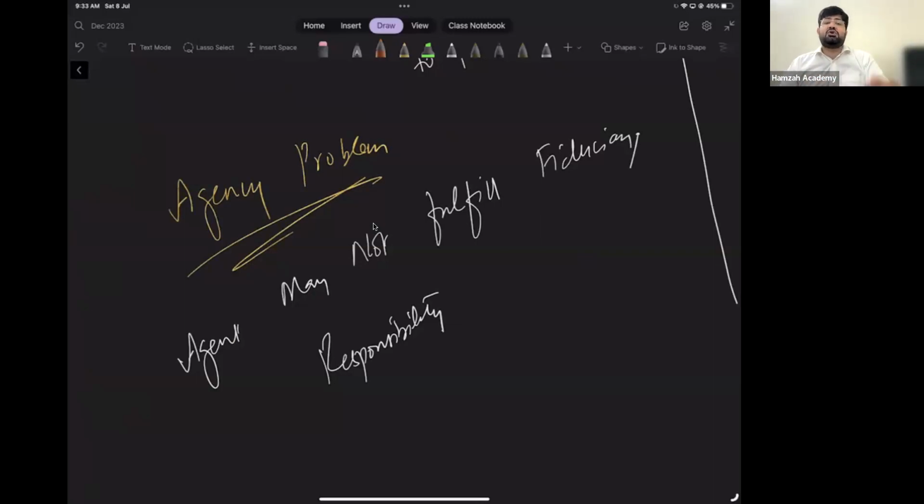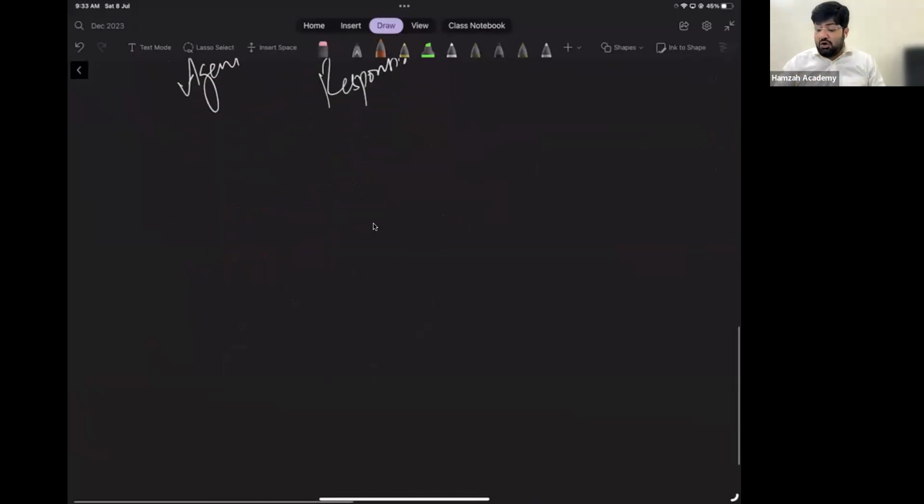They may not be disclosing the affairs of the company correctly. The possibility is there. Yes, and this is the agency problem. Here comes the need of audit.